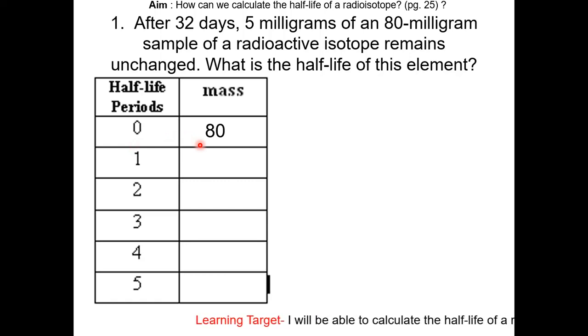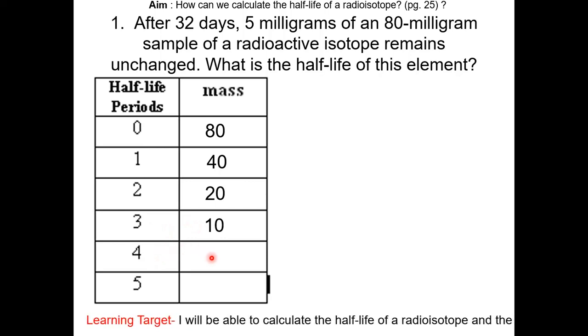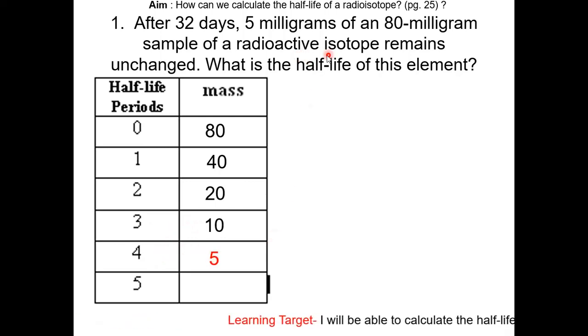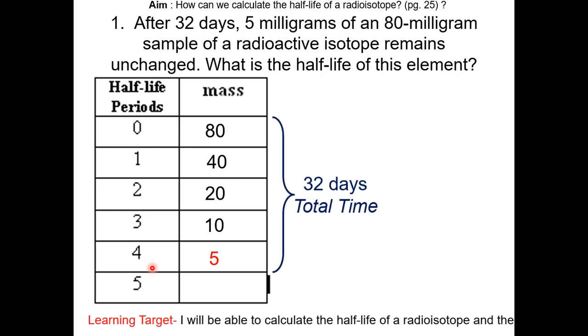I would decrease the mass by half until I reach 5. So the first half-life, I'll have 40. Second, I'll have 20. Third, I'll have 10. Fourth, I'll have 5. So it took the radioisotope 4 half-lives to decay from 80 milligrams to 5 milligrams. From 0 to 4 half-life periods represent the total time, which is 32 days.